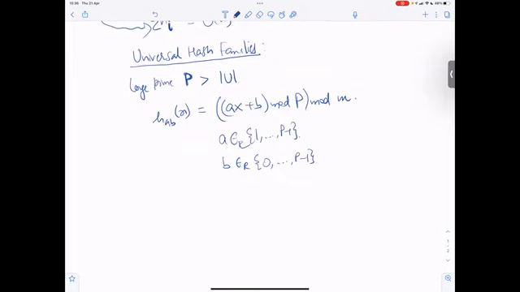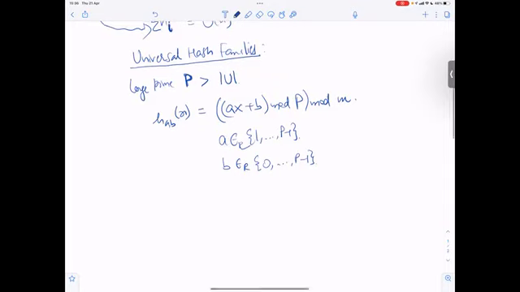Sir, so the keys are integers? Keys are integers, yes. The size of the universe is 2 to the size of the keys.